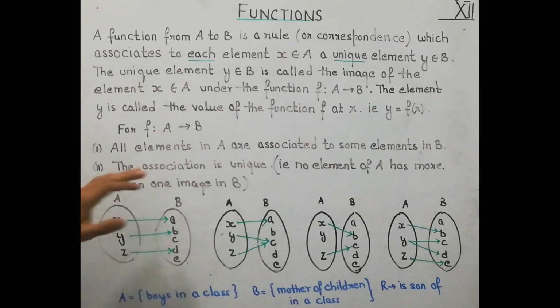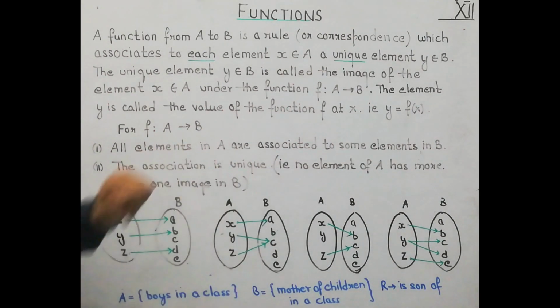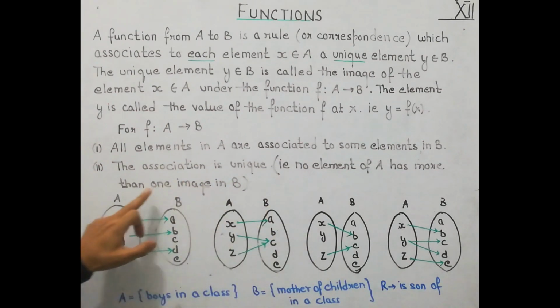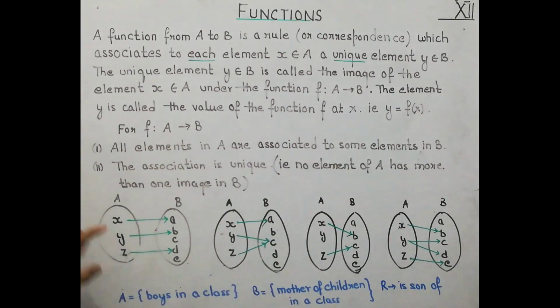Second condition, the association should be unique. No element of A has more than one image. Here, X has only one image, Y has only one image, Z has only one image. So the two conditions for the relation to be called a function have been satisfied. So we say that this relation is a function.